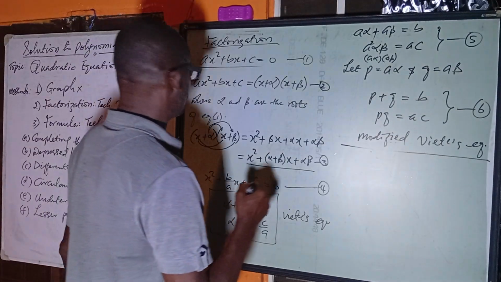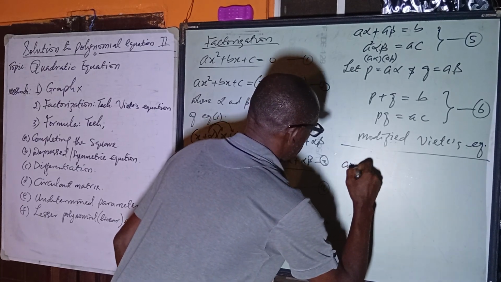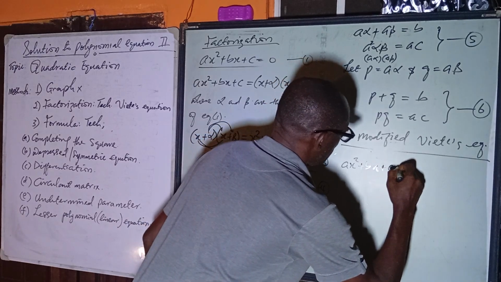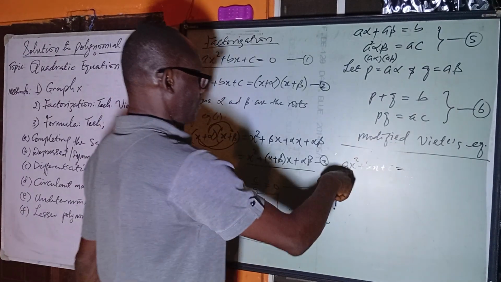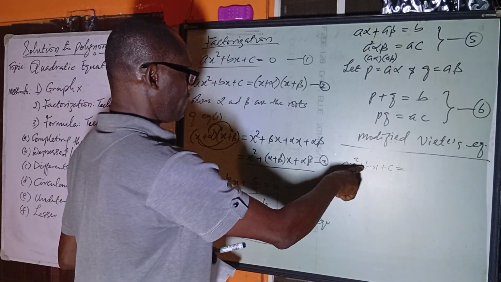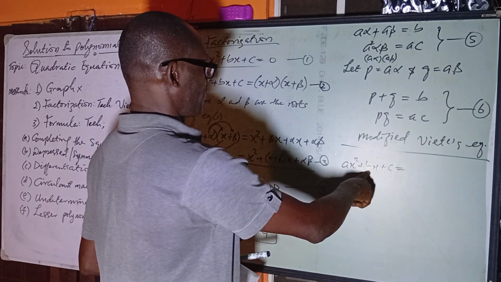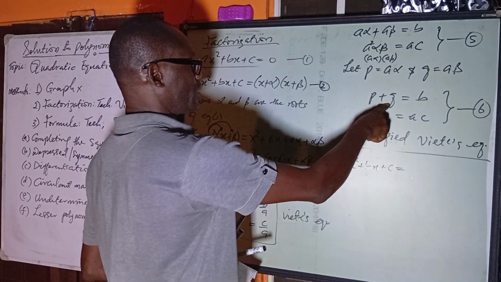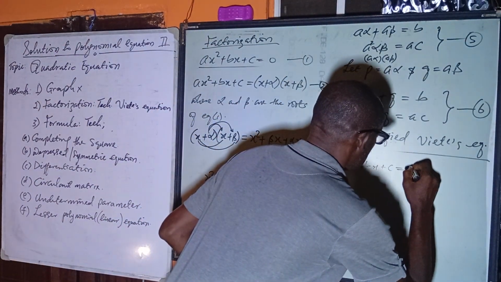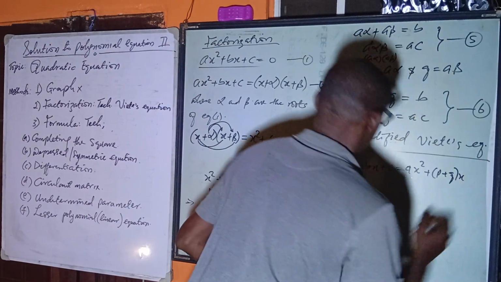So I have this quadratic equation, ax squared plus bx plus c. I have my b to be equal to p plus q, so I'll have ax squared plus (p plus q)x.